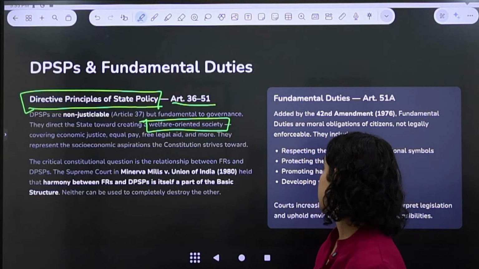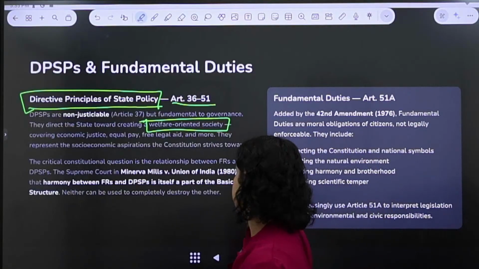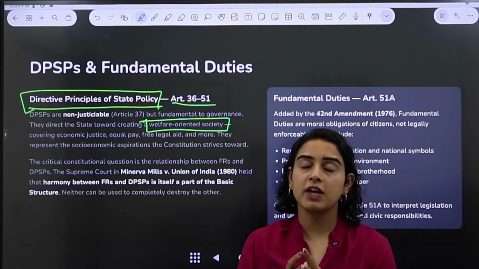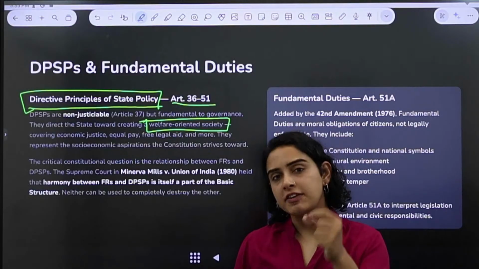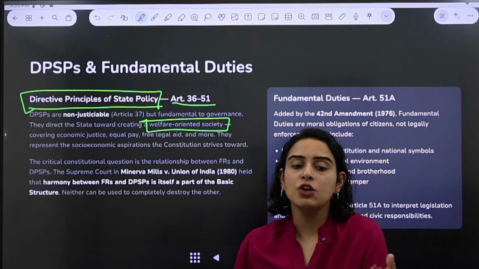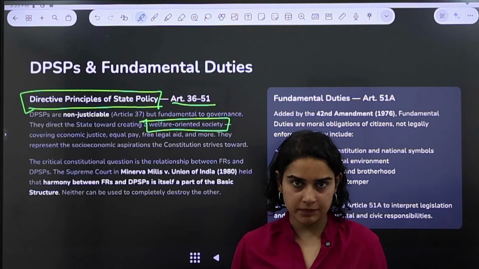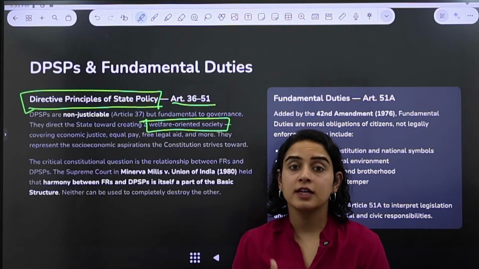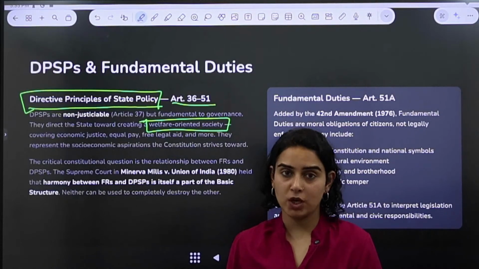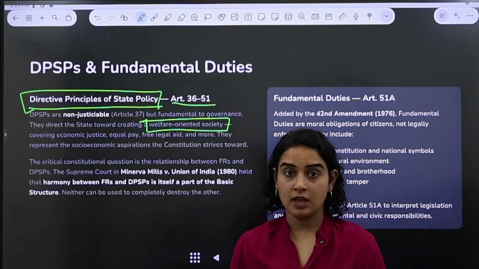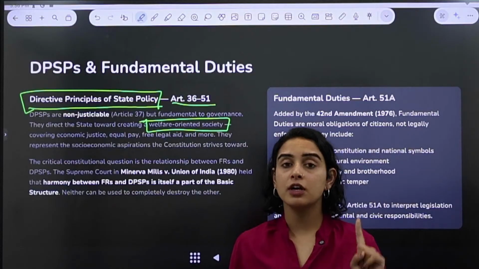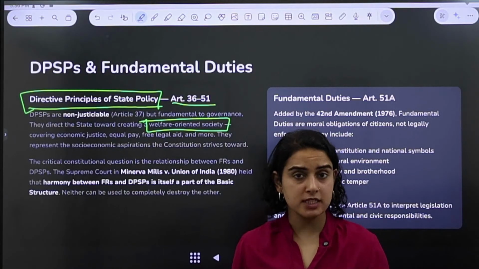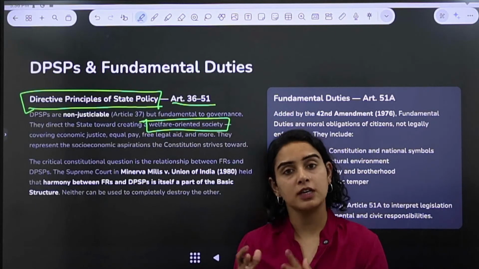We have a lot of DPSPs. Now, if ever any of your DPSP gets violated, right? Then in that case, you cannot go to the court saying that my DPSP is violated and I need justice for the same. You can do that for your fundamental rights, but you cannot do the same for your DPSPs.